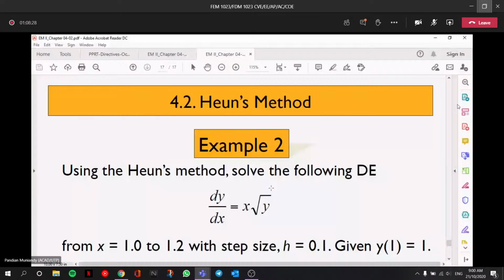So now we are focusing on Young's method. The question: using Young's method, solve the following differential equation. You can solve this problem using the separable method or the linear equation method, finding the integrating factor.